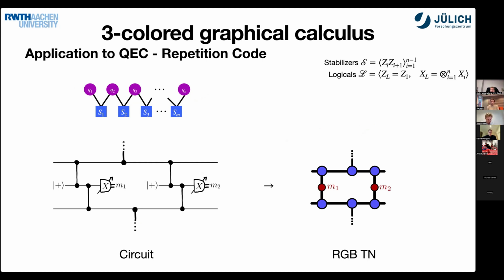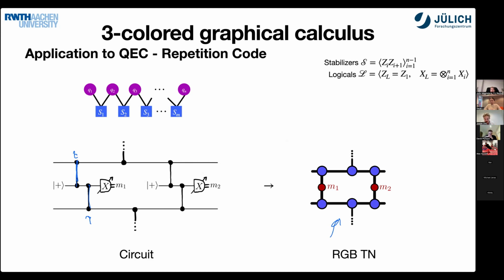Such a circuit for measuring a ZZ operator would look like this in a classical quantum computation circuit, in the RGB tensor network or in the ZX calculus using the rules that Julio showed you. We would have this part of the circuit depicted as this small block on the right.